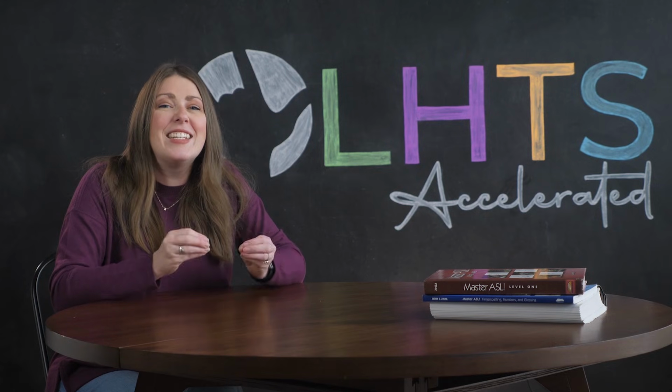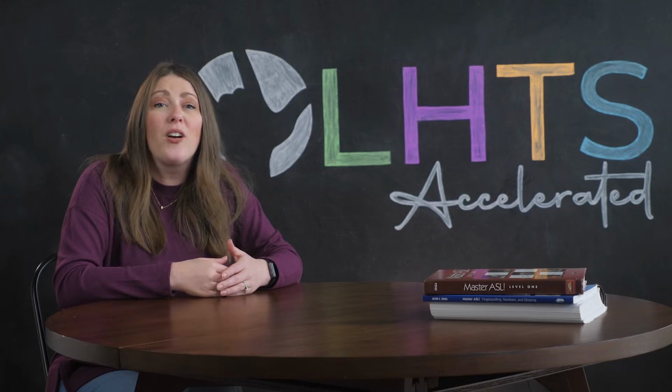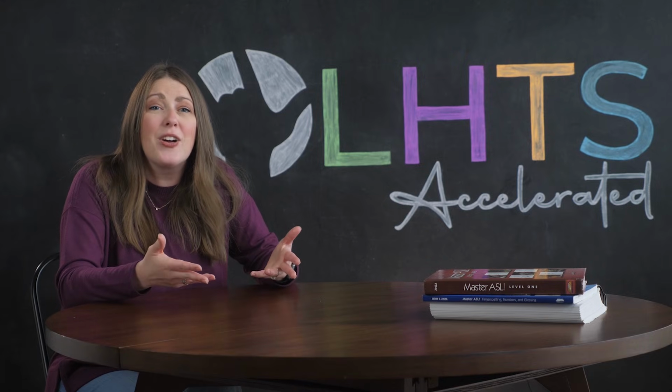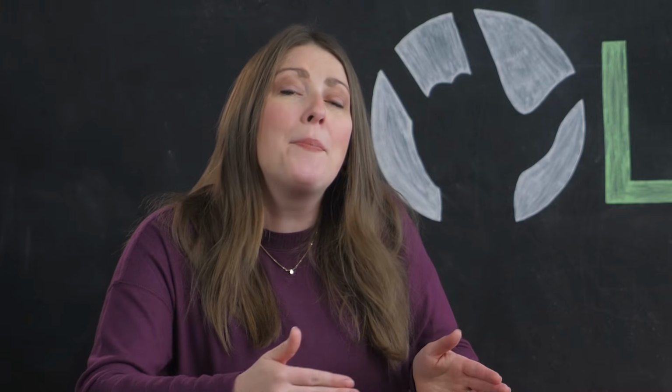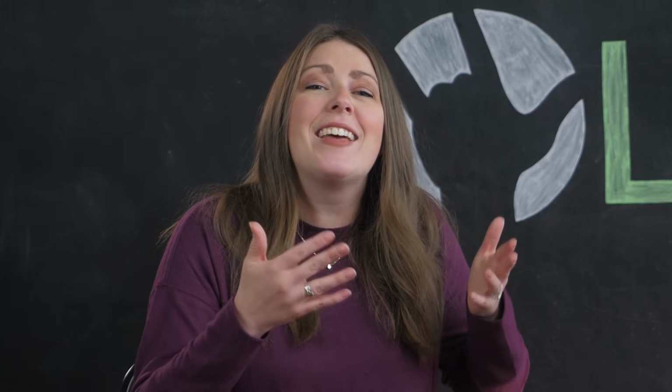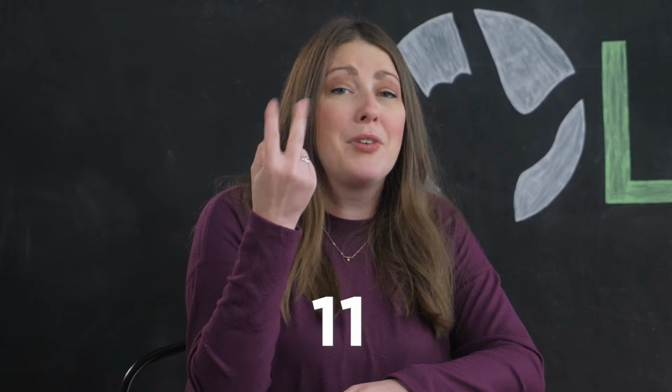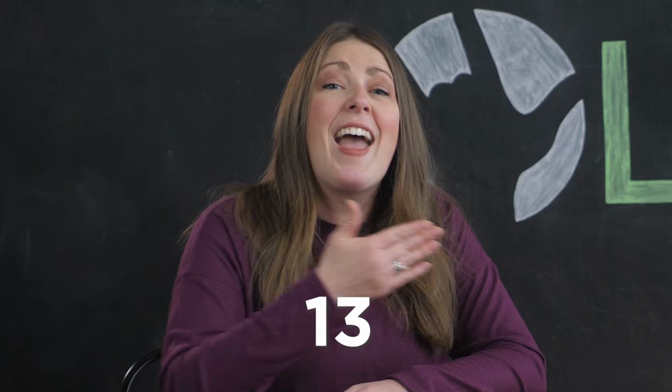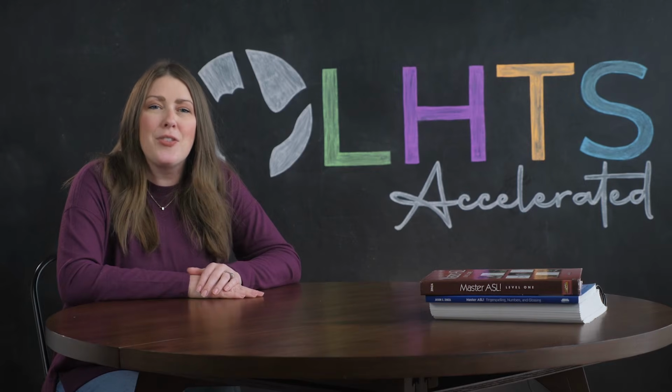And notice I didn't add the st or the th sounds whenever I did that. Then for numbers above that, you are just signing the number 11, 12, 13, and so on for the days of the month.